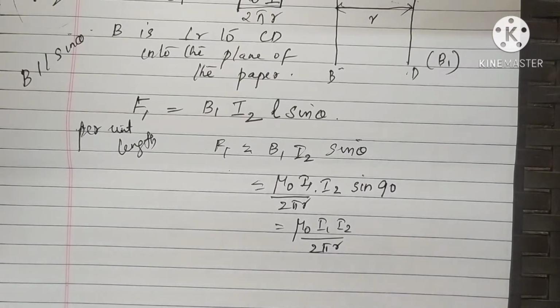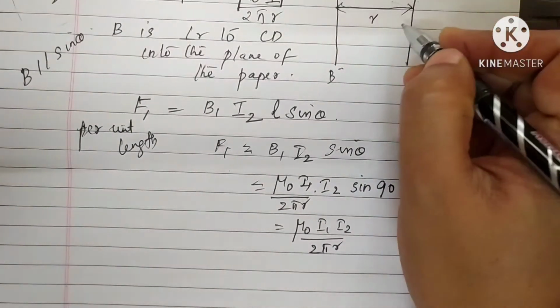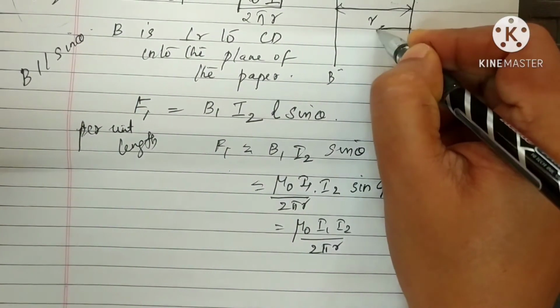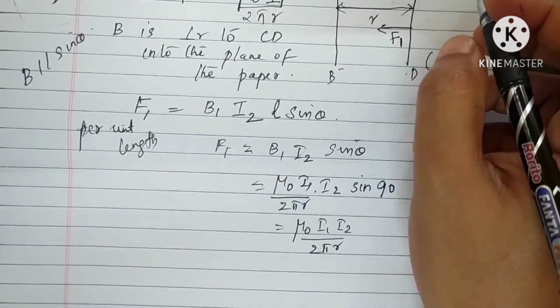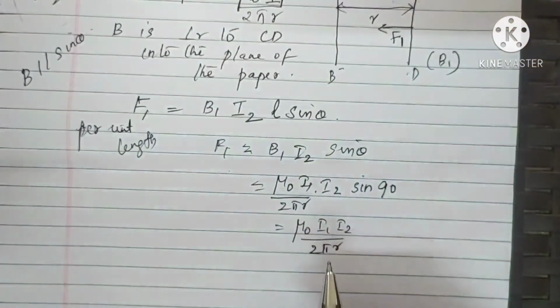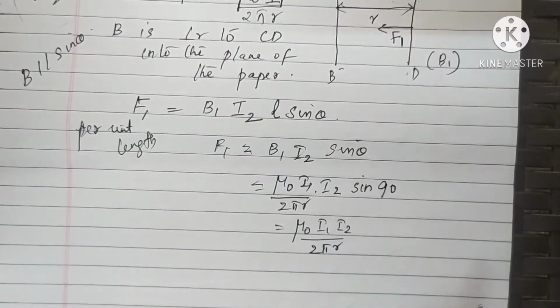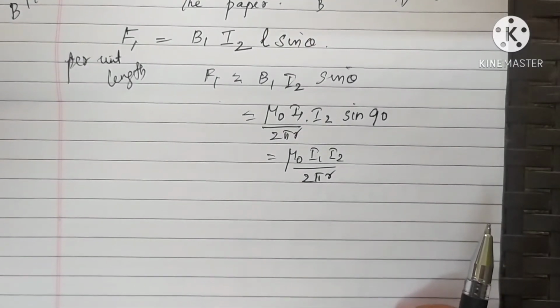So by taking Fleming's left hand rule, you can identify the direction of force also, and that force will be acting like this. So this is the force F1. Understood? So F1 is equal to mu 0 I1 I2 divided by 2 pi r. Clear?